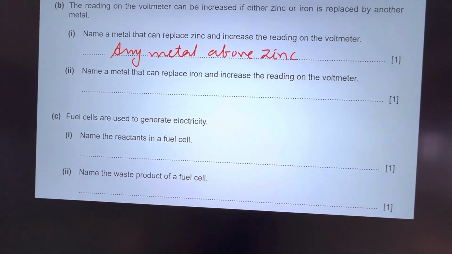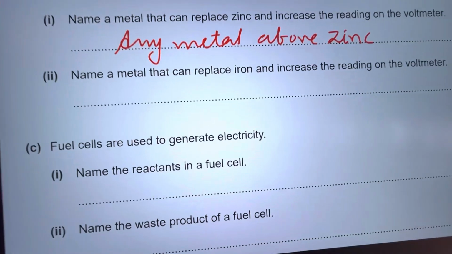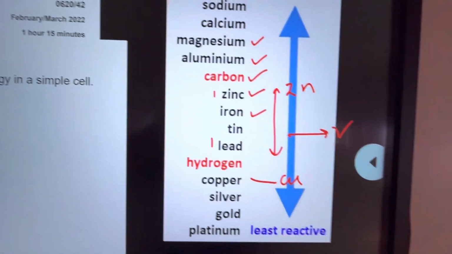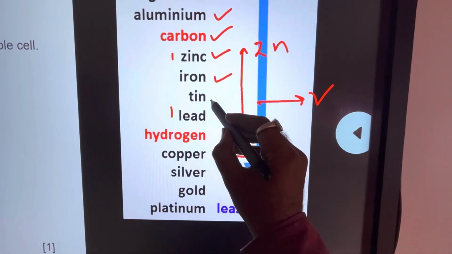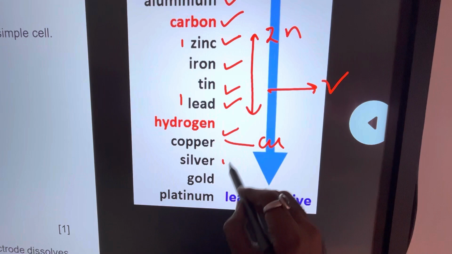Second, name the metal that can replace the iron and increase the reading on the voltmeter. Come to the reactivity series. Now we have to replace the iron, so any metal below iron, such as tin, lead, copper, silver and gold.